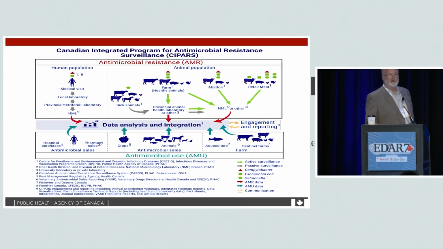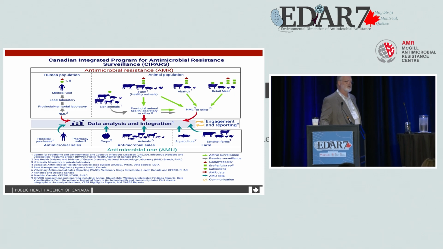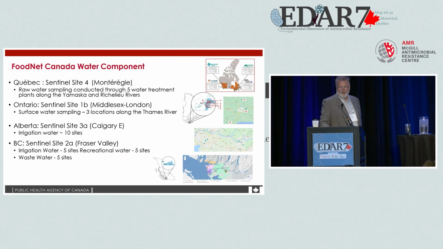CIPARS is a component of the Canadian Antimicrobial Resistance Surveillance System, which is the umbrella of all the public health agency surveillance systems that deal with antimicrobial resistance. We don't have a water component in CIPARS, but we do in FoodNet Canada, and we are working on regularizing antimicrobial susceptibility testing of isolates from the various sites, as the type of water that's collected in each site is different.